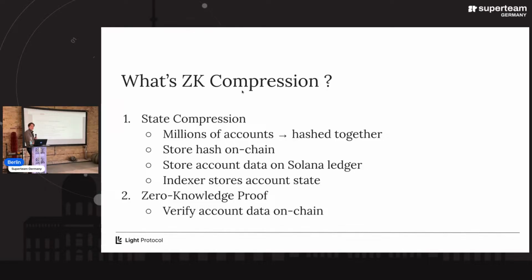They build a pretty cool infrastructure around this. But ZK compression is a generalized compression framework. So you have all these accounts hashed together, and only this hash is then stored in an on-chain account. And the account data is stored on the Solana ledger. You can think of the ledger as the entire record of every transaction. That if you replicate it, you get the same account state.